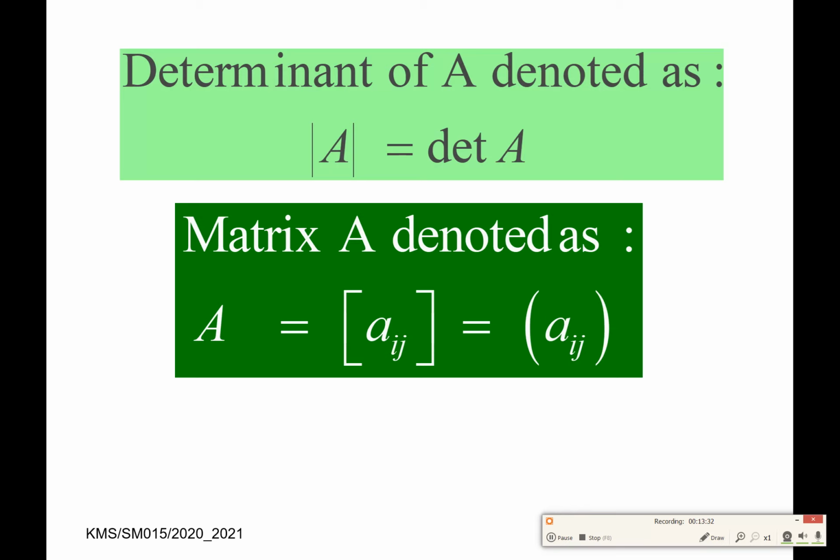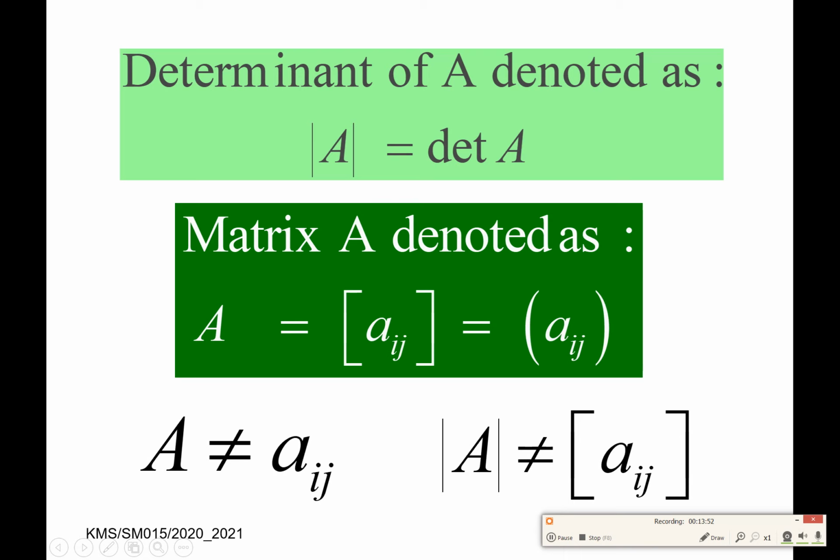So you can use this type of bracket or this type of bracket also can, as long as you have the bracket. Okay, so you need to know that A is not equals to Aij without the bracket, and the absolute A is not equals to this bracket. It's different, two different things.